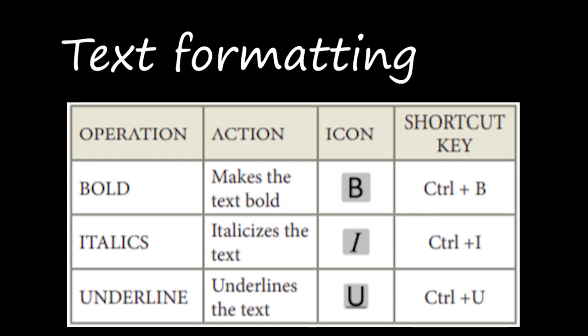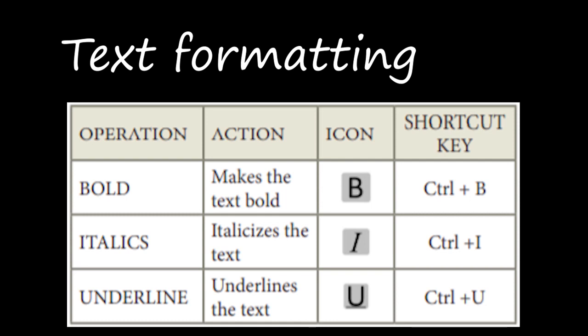Italics means lightly slanted text. The shortcut for italics is Control plus I, so you press the Control button and the I button at a time on the keyboard. For underline, Control plus U.